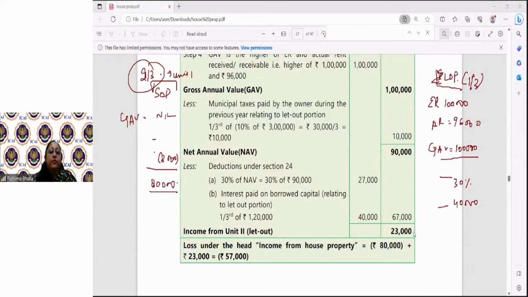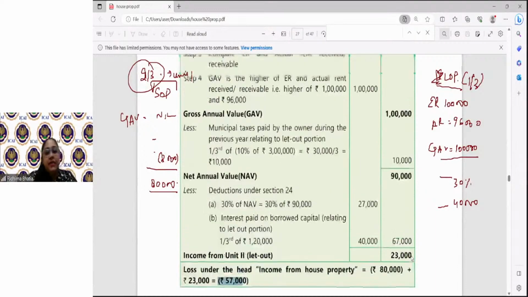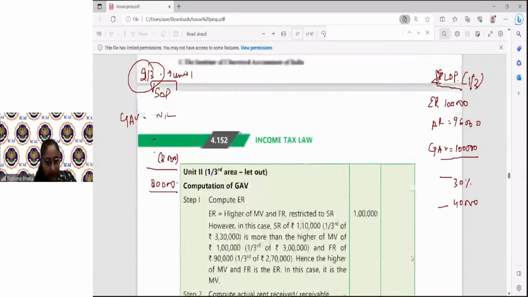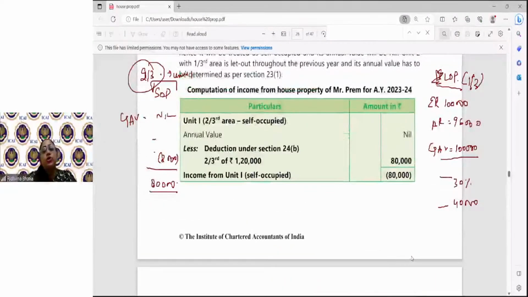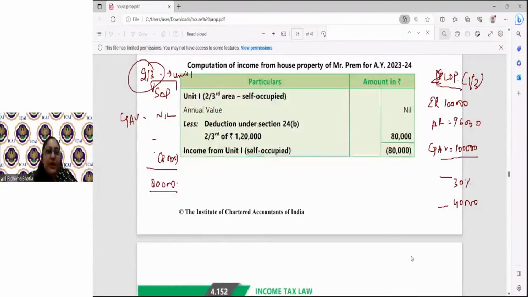So my net income from house property would be negative 57,000, which is negative 80 plus 23. So can I say when the portions are divided, you have to take each portion as an independent unit and calculate the income from house property for each independent unit.